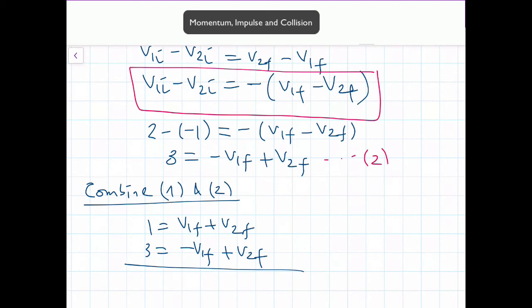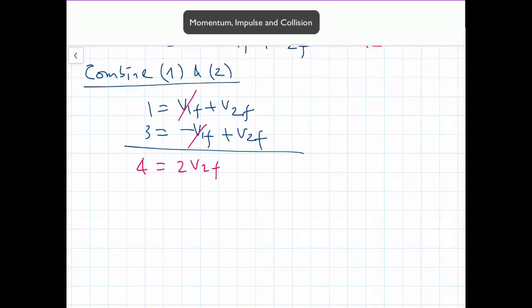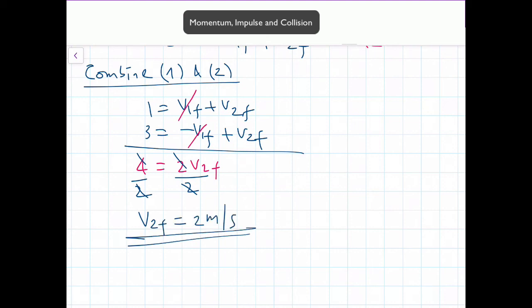If you add those two simultaneously, the v1 final will eliminate. 1 plus 3 will be 4 equals twice of v2 final. Then divide both sides by 2. Then as a result, v2 final equals 2 meters per second.